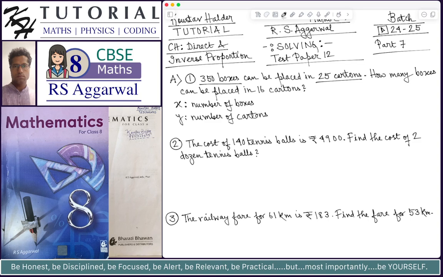Clearly we can see that x and y will vary directly with each other, because the more the number of boxes is, the more cartons you will require, and the fewer the boxes, the fewer cartons.